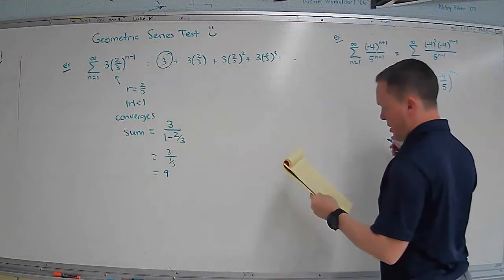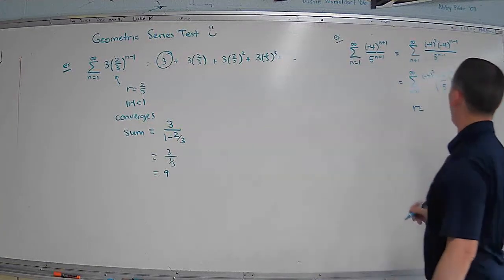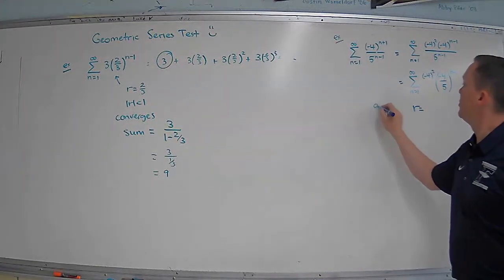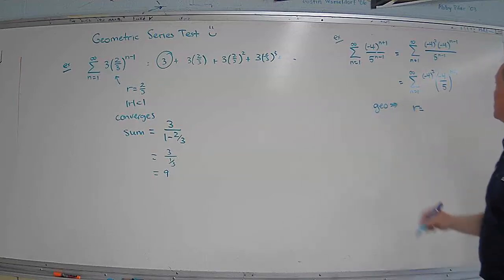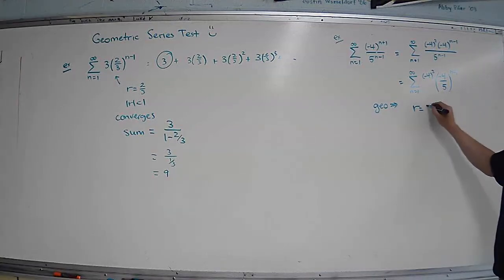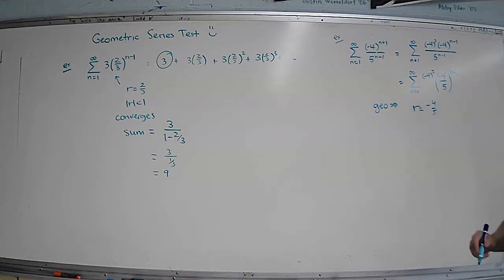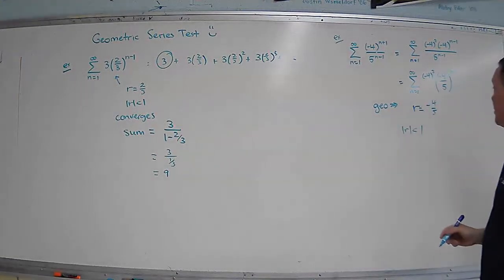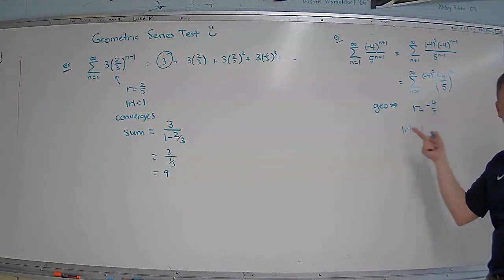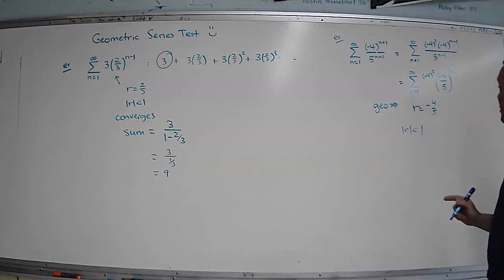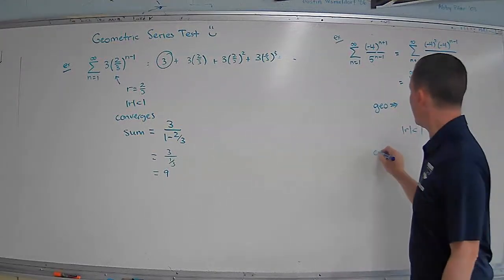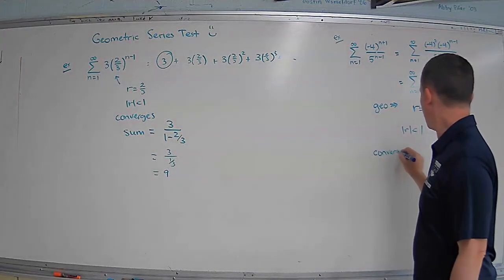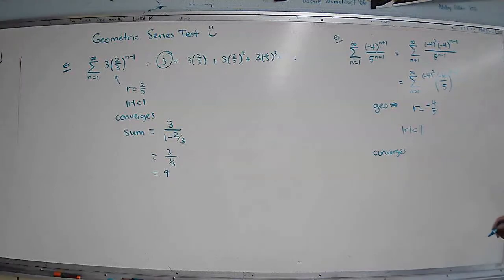We unmasked that baby. What's the common ratio? It's -4/5. And, my friends, the absolute value of r is less than 1. -4/5 has an absolute value that's less than 1. So this baby converges.